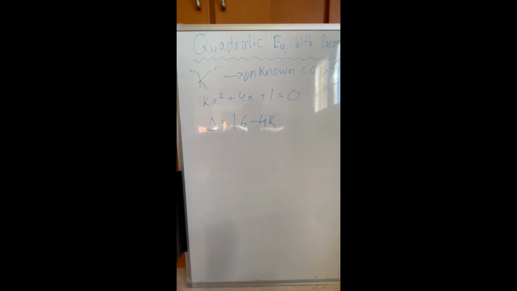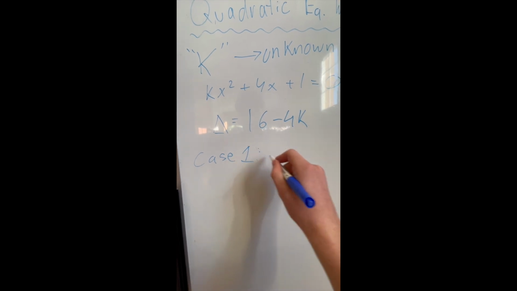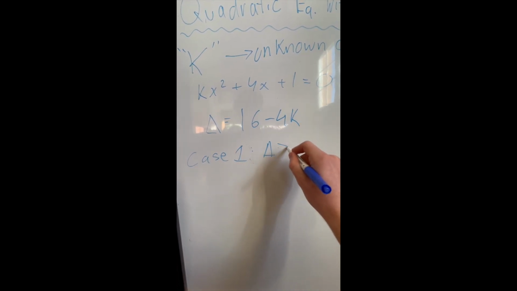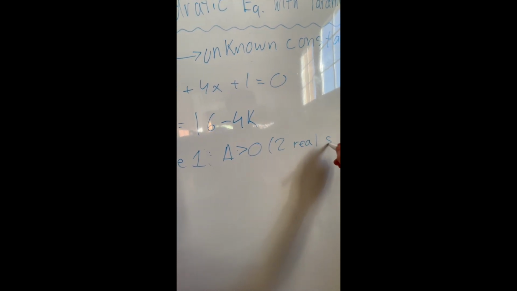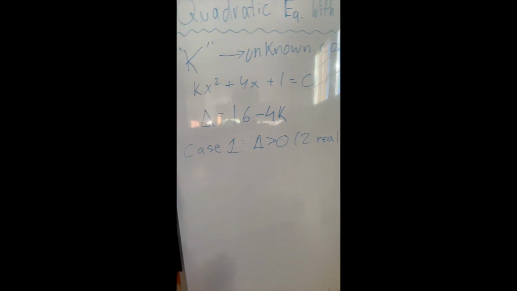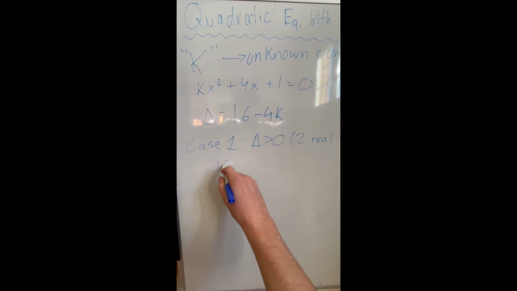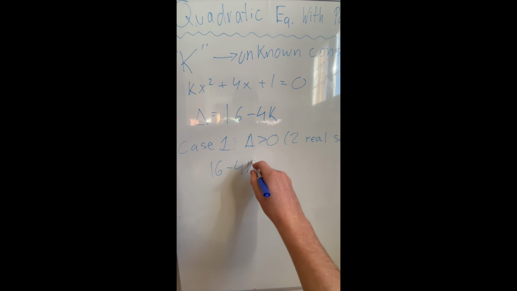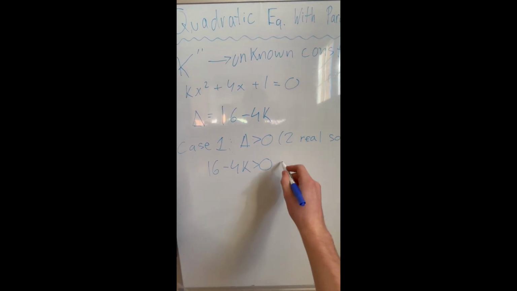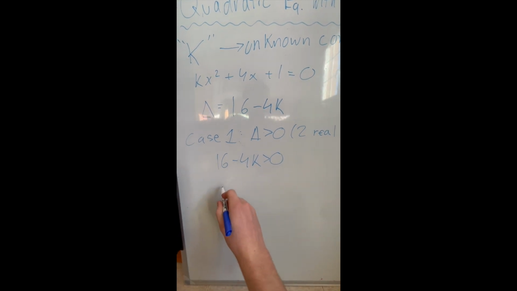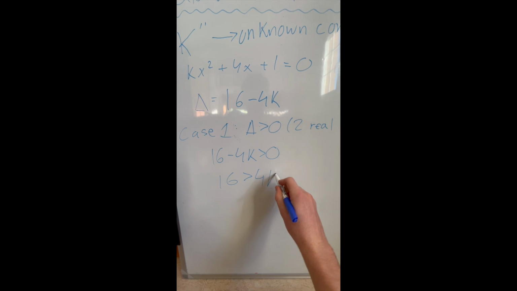Let's solve for each case. Case 1. Discriminant bigger than 0, 2 real solutions. We can substitute 16 minus 4k and say that this is bigger than 0. Let's continue. 16 is bigger than 4k.